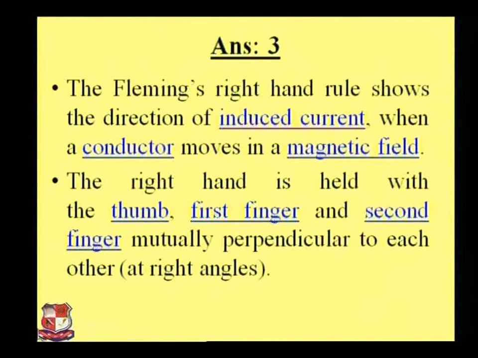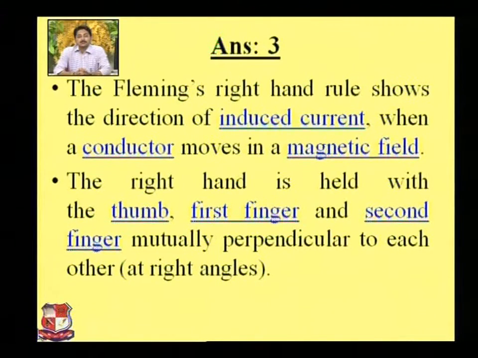Whenever any current carrying conductor moves in a magnetic field, and there is a necessity of finding the direction of the current, then this rule is very useful. The right hand is held such that the thumb, the first finger and the second finger are mutually perpendicular, at 90 degrees to each other.